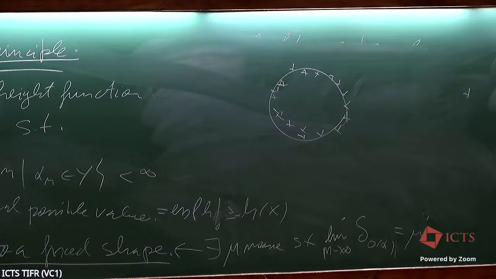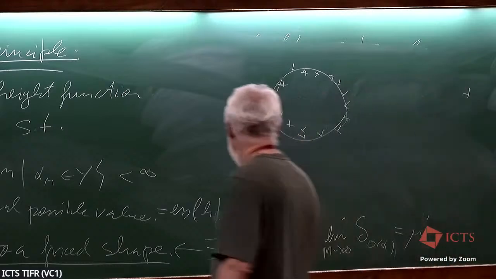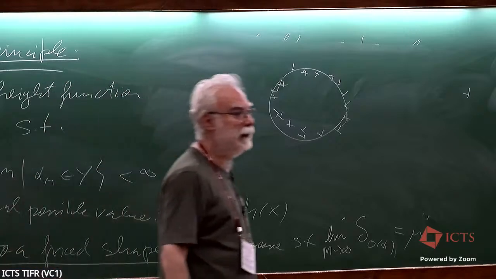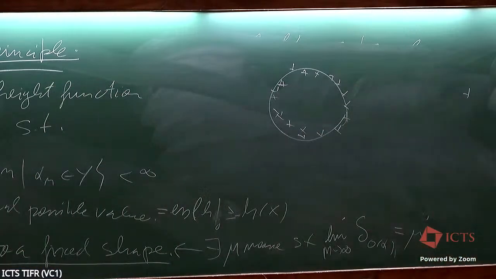In particular, because these measures, I am taking them on C, not on P1. So I am taking measures in a non-compact space. And if we were in a compact space, maybe more people would agree. What does it mean for measures to converge? If I am in a non-compact space, it's even more difficult to define what it means to converge. So let's make a definition of 3 different notions of convergence.